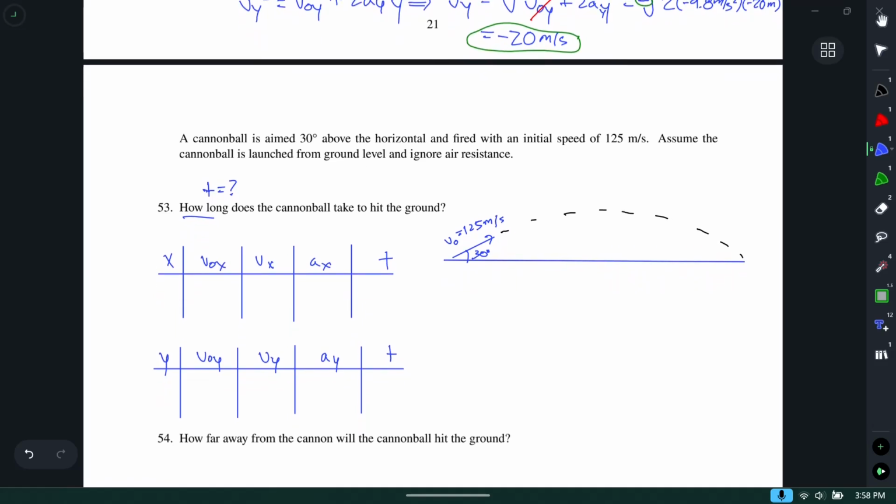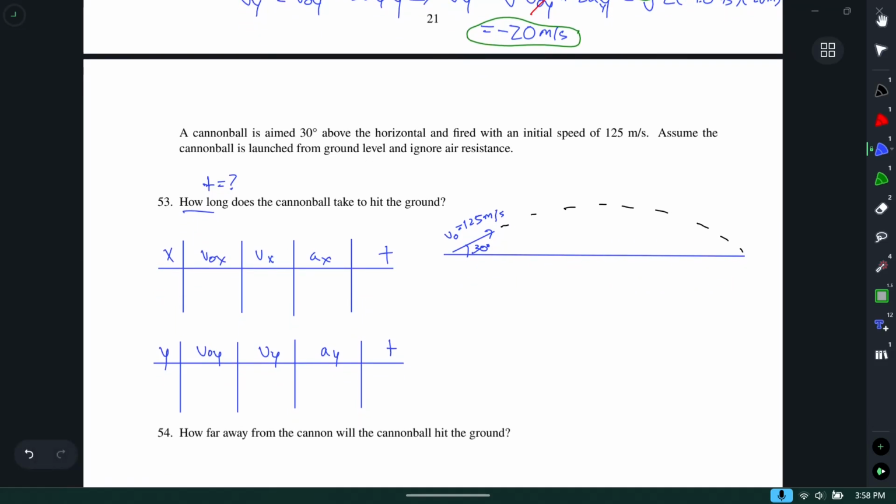All right, so what do we know here? I have that 125. What I need to be careful about is that's not my initial x or y. So I need to find those. This is v0x. This is v0y. So I can see that v0x is going to be positive, v0, and it's adjacent to the 30-degree angle.